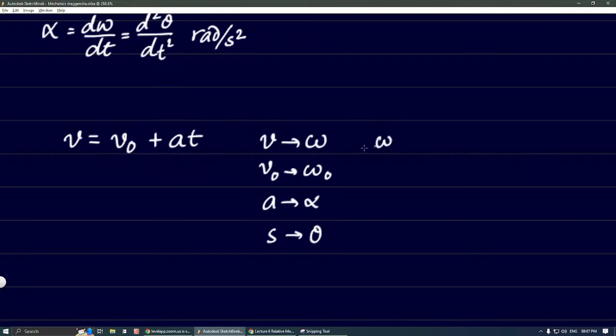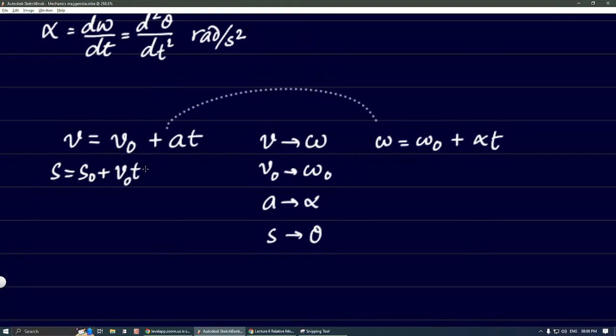Now we can write this same equation as omega equals omega naught plus alpha t. In the second equation, S equal to S naught plus V naught t plus half a t square, the same equation now becomes theta.